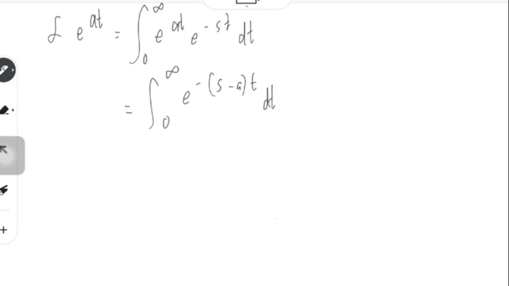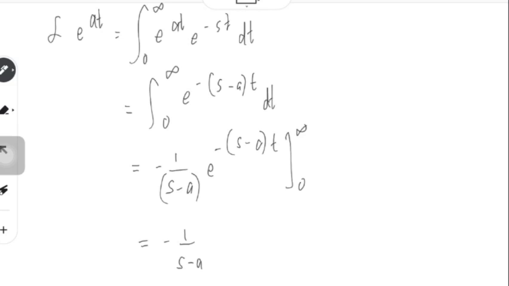And the result is negative 1 all over s minus a, then e to the negative s minus a t. Limit from 0 to infinity. Upper limit minus the lower limit will give us what? Negative 1 all over s minus a.